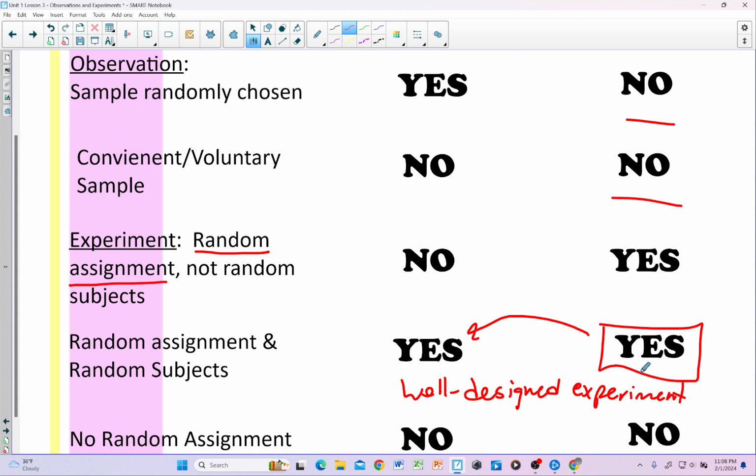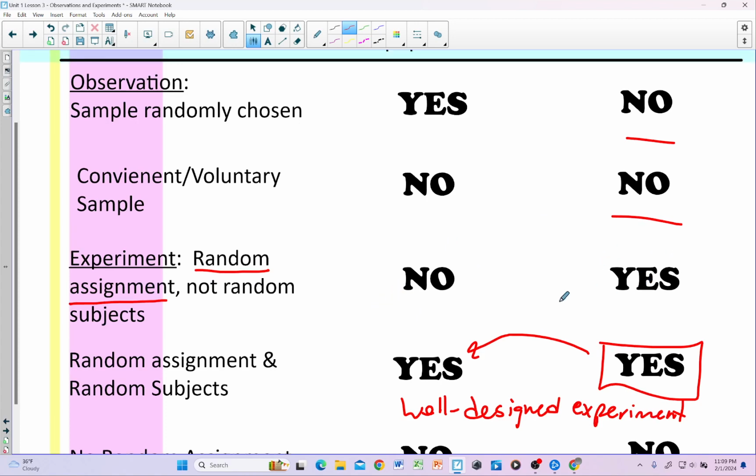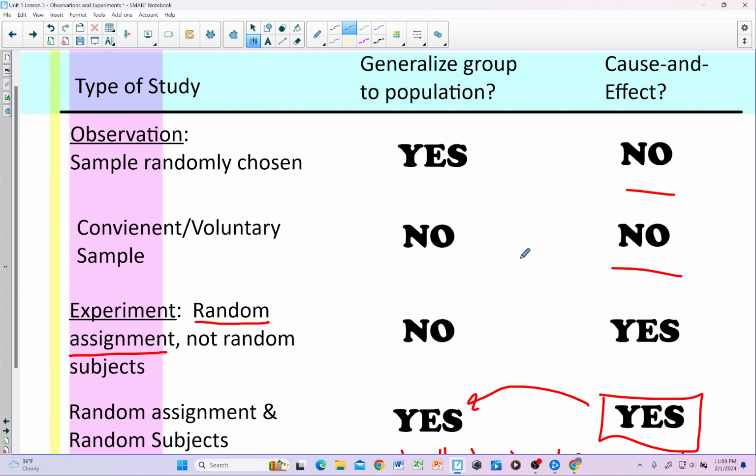What would then happen is I could determine with a proper experiment whether or not that variable is causing the noted effect, but those results would not be able to leave my classroom because you're not random. Well, you're in my classroom. There must be a reason why you're here. Maybe that reason is causing part of that effect. So we can't, in that case, generalize to the population.